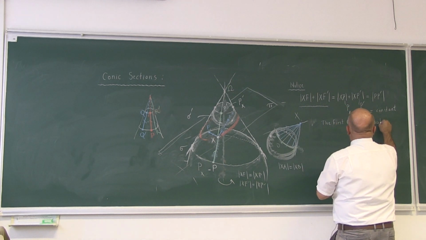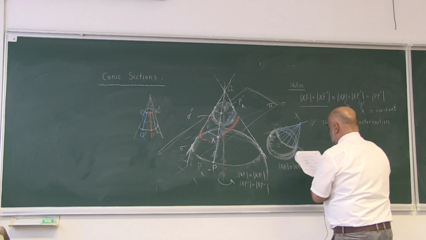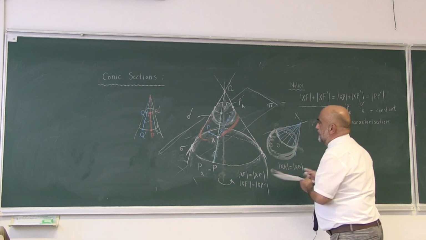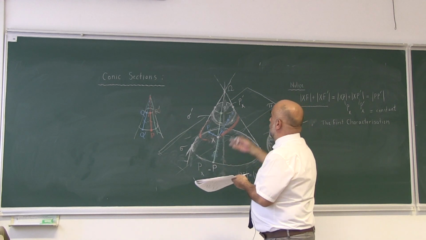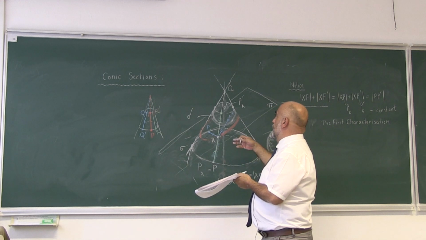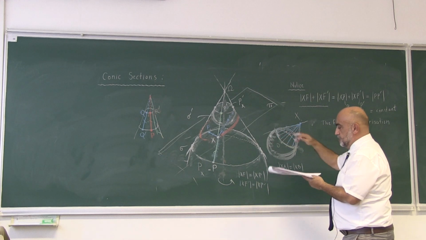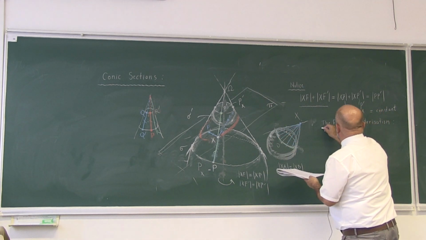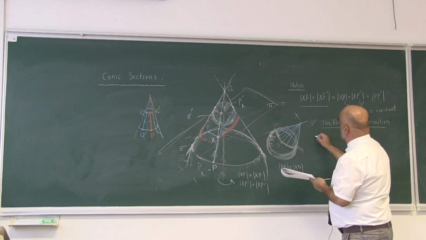So if you intersect the cone with a plane in such a way that these spheres are on the same side of the apex, the curve, which is going to be a roundish curve, is called an ellipse. The first characterization is as follows: an ellipse.